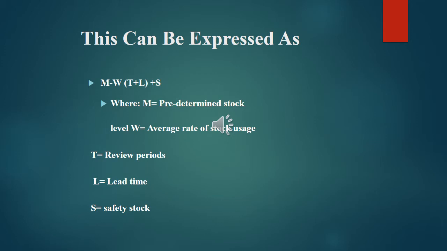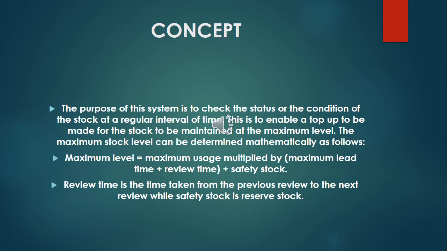Let us now look at the concept of periodic review system. The purpose of any periodic review system is to check the status or the condition of the stock at a regular interval of time. This is to enable a top-up to be made for the stock to be maintained at the maximum level.